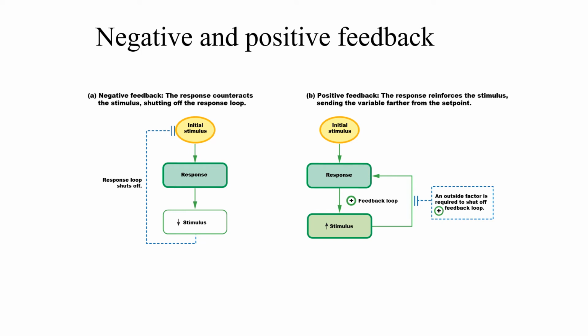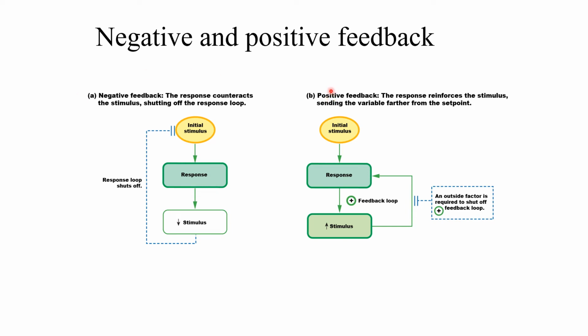Now, there are feedback loops, and we are going to talk about two feedback loops. One is known as a negative feedback loop, and the other one is known as a positive feedback loop. The negative feedback loops, we refer to them as homeostatic loops, because those loops are always trying to bring you back to that normal range.